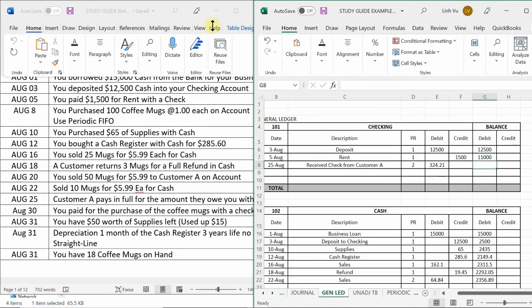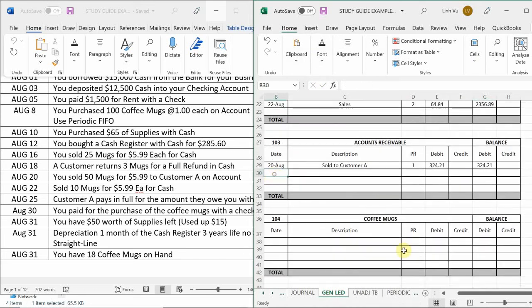So therefore that should increase your checking account to $11,324.21. And then you need to decrease your accounts receivable to 0.